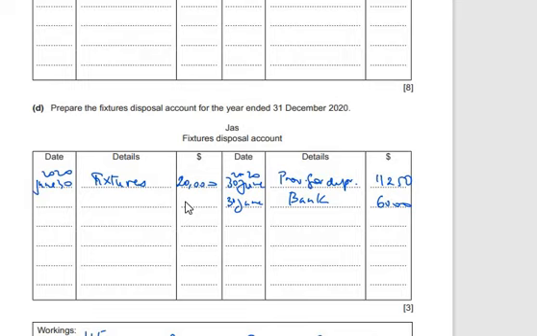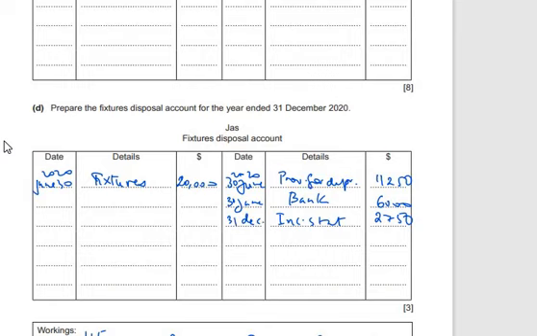Then we take away from 20,000. The answer is 2,750, and there is a shortage on the credit side. 2,750 is what will go to the income statement on 31st December.